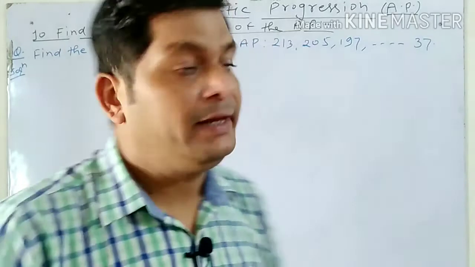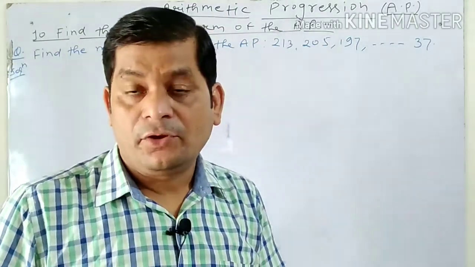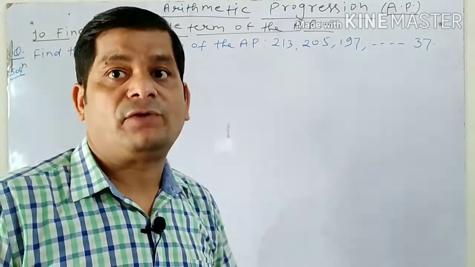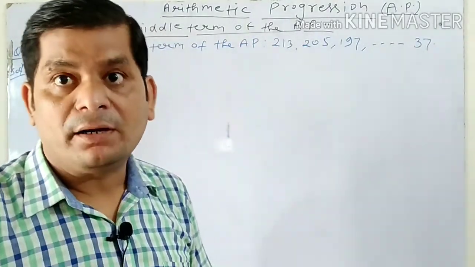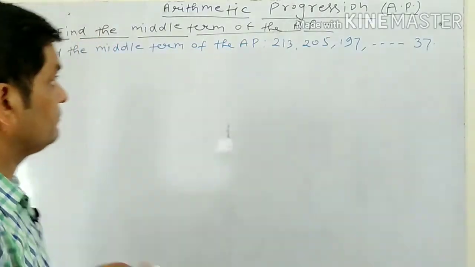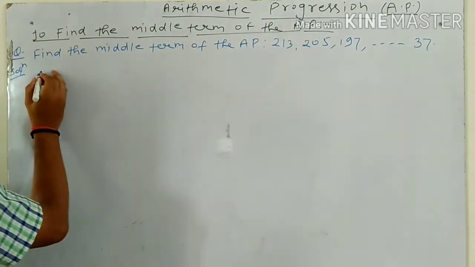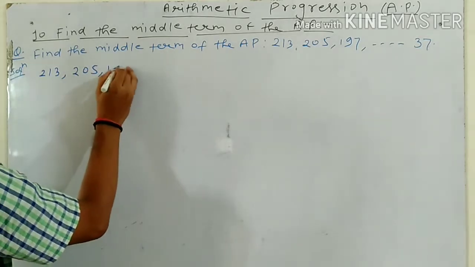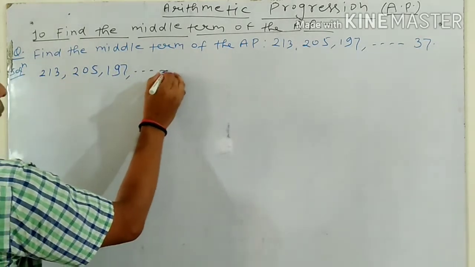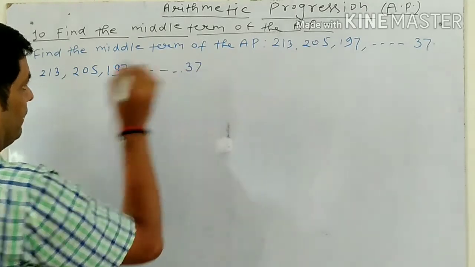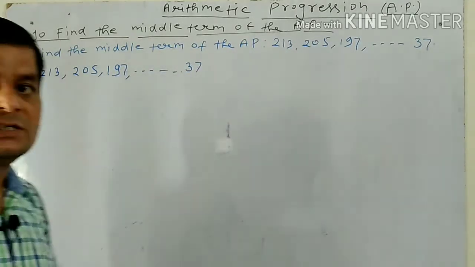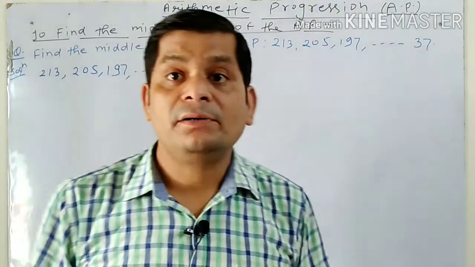In the same way, in this question, without getting the number of terms we will not be able to find the middle term. So first we will find the number of terms. The AP is given: 213, 205, 197 and so on, 37.